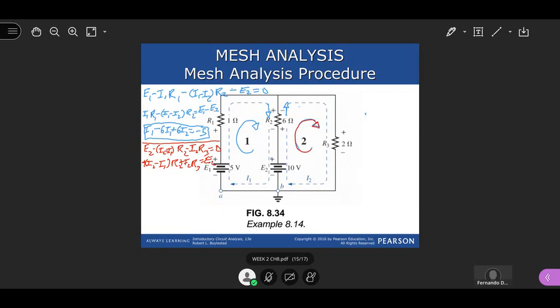Right? Now let's substitute this. So I2 times R1, I'm sorry, R2. So it's going to be 6 times I2 minus I1 times R2, which is equal again to 6 times I1. Right?